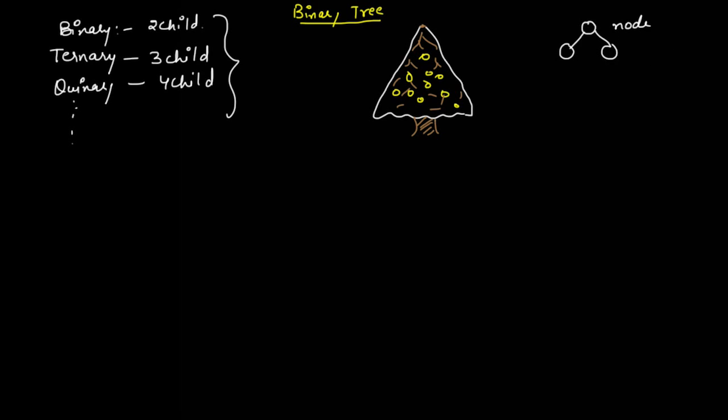For this node, this is the left child, this one is the left child, and this one is the right child. So for example, we have this tree.